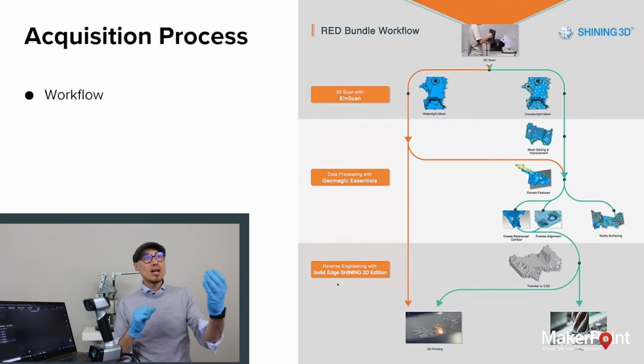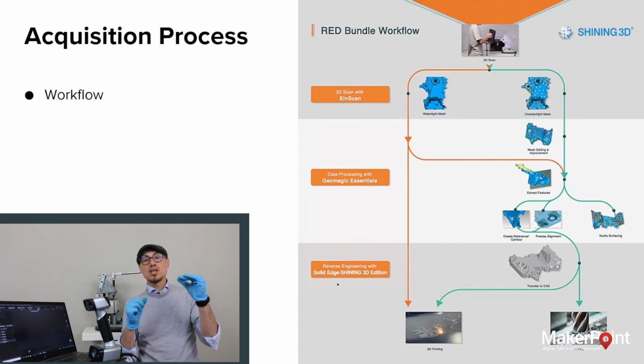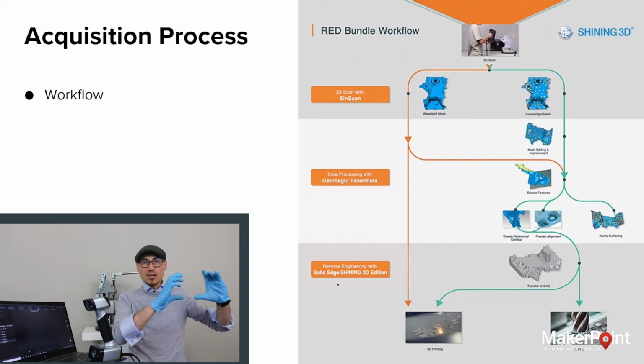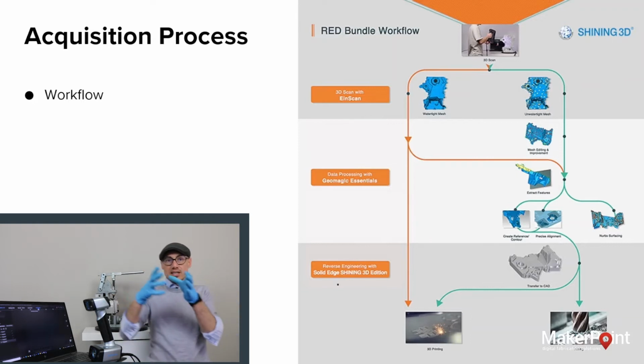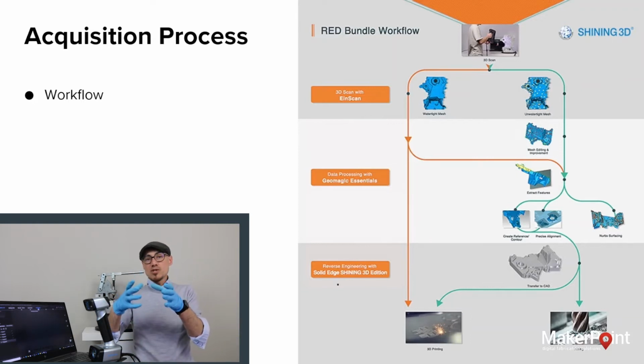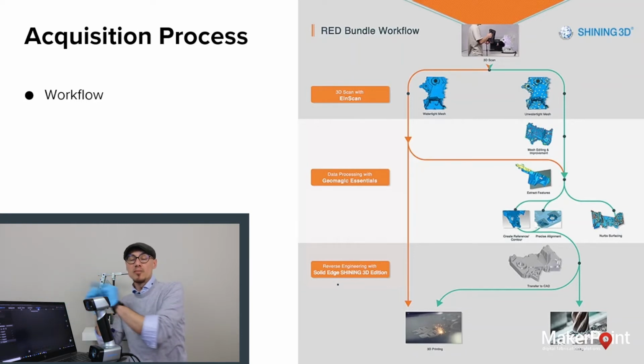What happens with the RED bundles, and the reason why you see sometimes that we have the scanners standalone or with a bundle called RED, that stands for Reverse Engineer and Design Bundle, is that when we extract this mesh, it's possible to simplify the process by importing it into Geomagic and then extract the CAD data from that software.